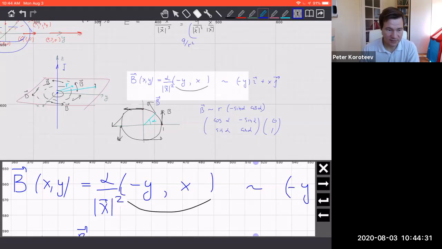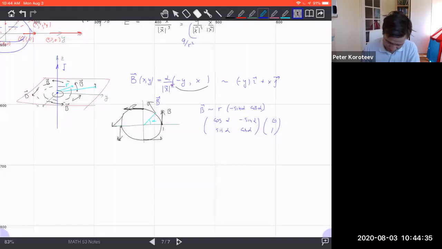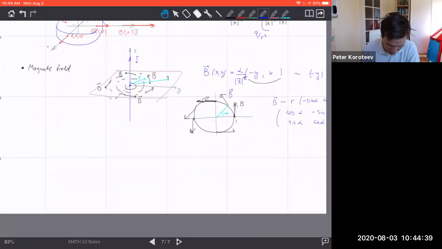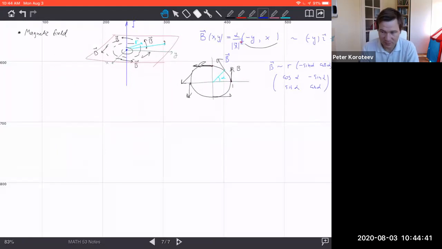So that's another example of a vector field. And then of course there are more complicated examples, say the electric field from any electrostatic configuration of charges or planes, the magnetic field of a bunch of currents, the velocity field of winds in the atmosphere.